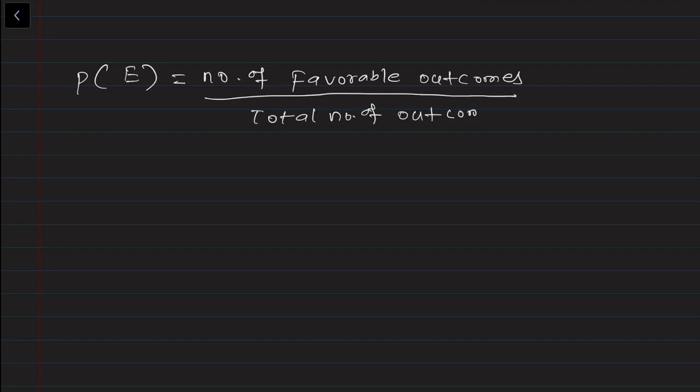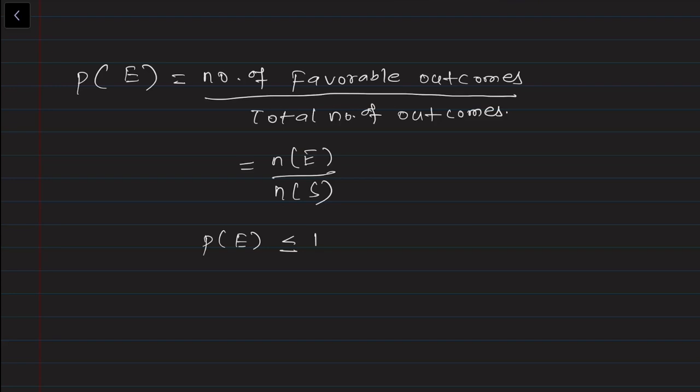This is sample space. We can write this as n of E upon n of S. So this is the number of favorable outcomes in the numerator, and in the denominator we have the number of all possible outcomes.